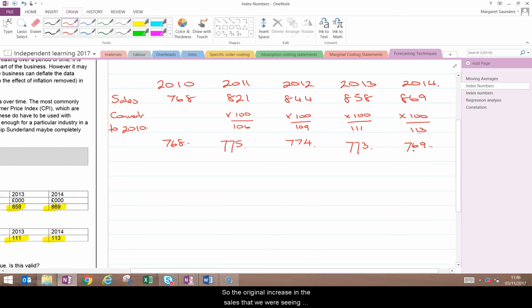So the original increase in the sales that we were seeing year on year, we now know has been due to inflation, not to increased activity on the part of the organisation.